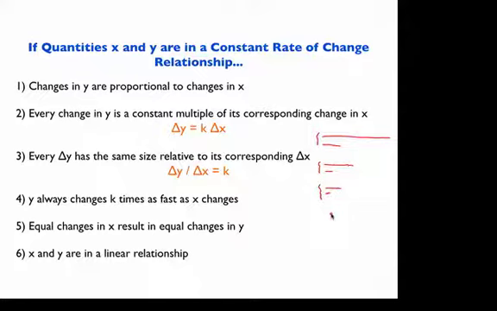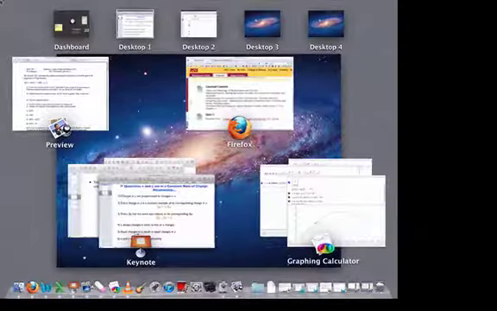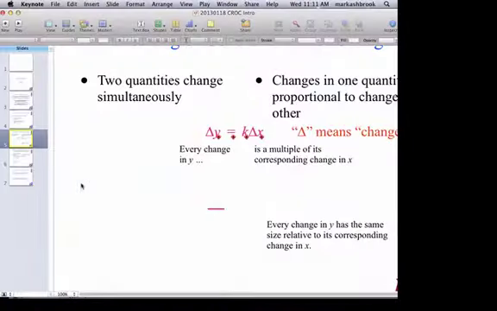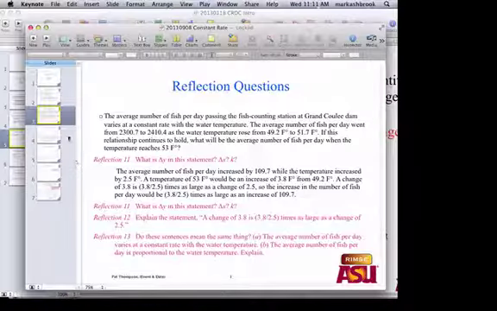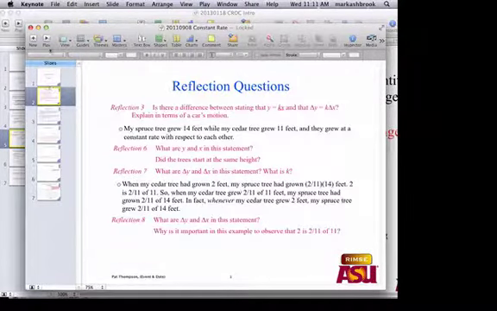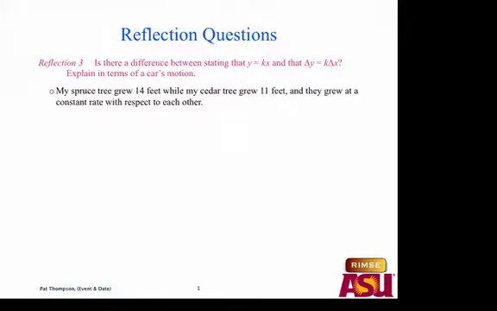So let's look at the spruce trees, the spruce and the cedar trees. Okay, my spruce tree grew 14 feet, while my cedar tree grew 11 feet. They grew at a constant rate with respect to each other. First question, what are y and x in this statement?